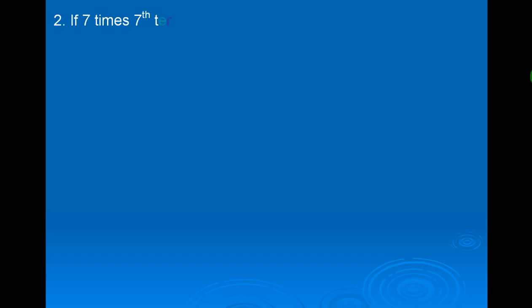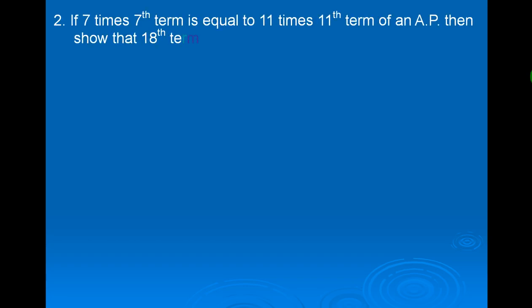Now the second problem is: if 7 times the 7th term is equal to 11 times the 11th term of an AP, then show that the 18th term of the AP is 0.